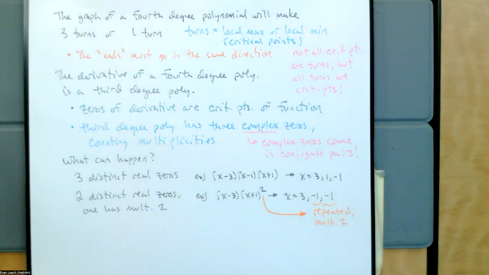If a 0 has multiplicity 2, then the factor from which we find it will be squared.